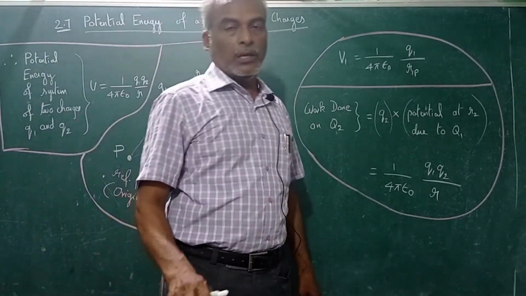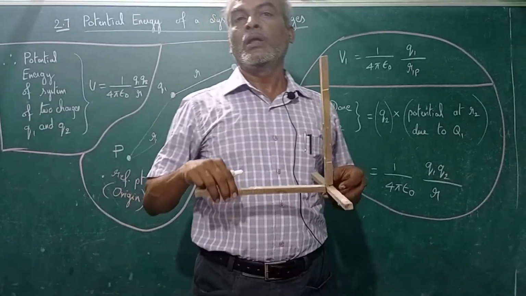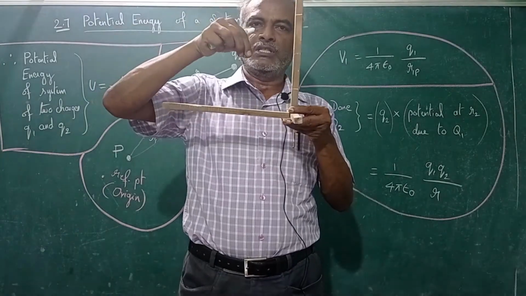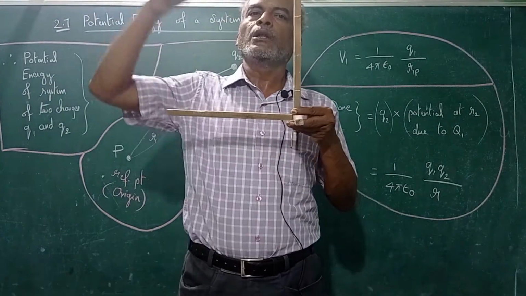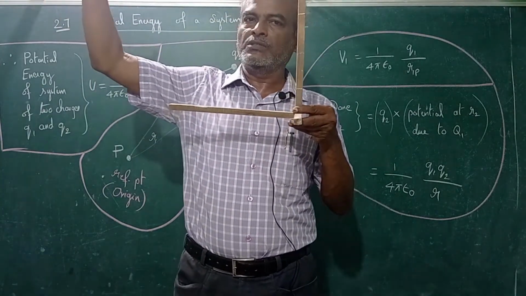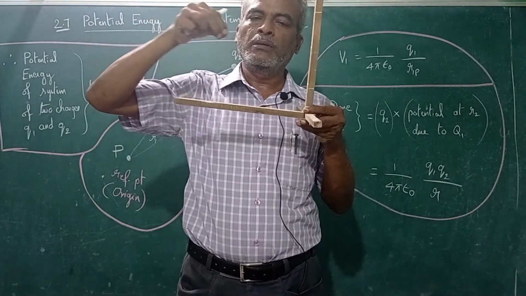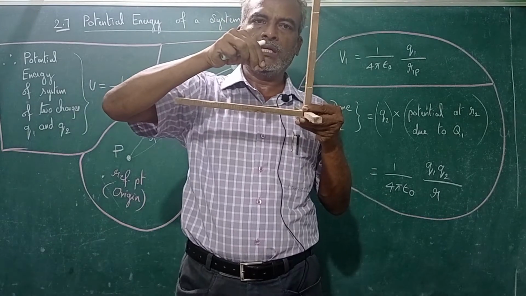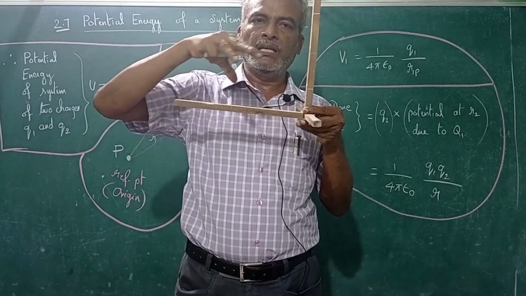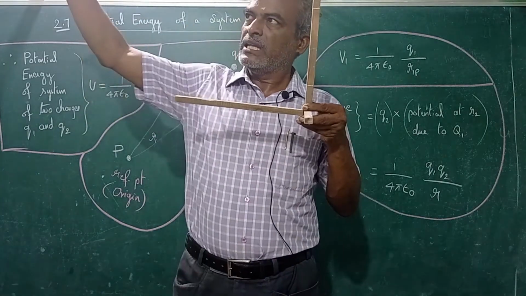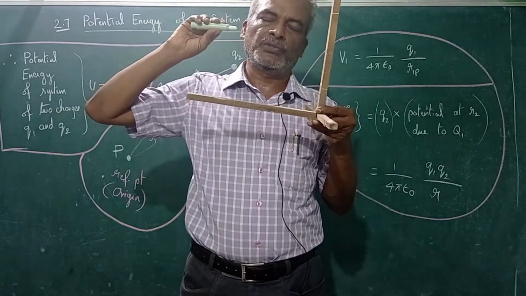Okay. Now case 2. Now we have brought one positive charge here. Now we are bringing one more positive charge from infinity to this point. So what will happen? Because of this positive charge, there will be electric flux all around, and this will see a repulsive force.